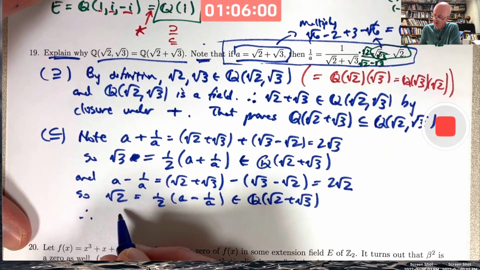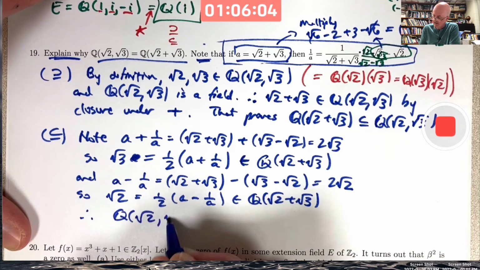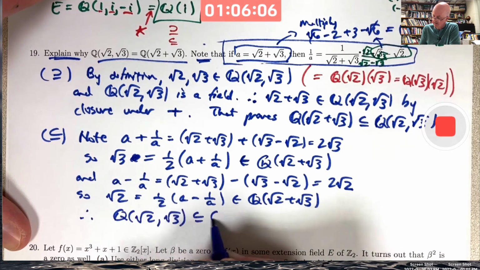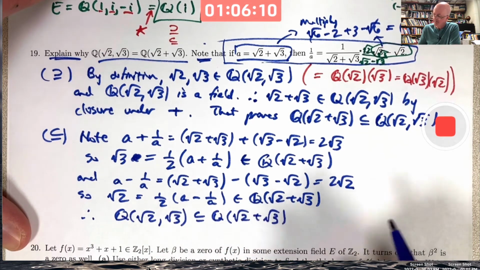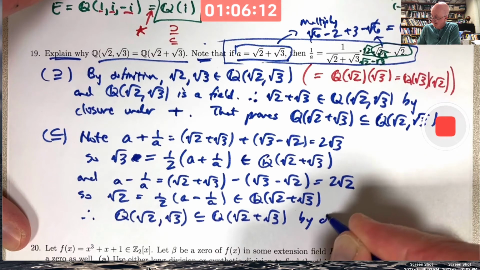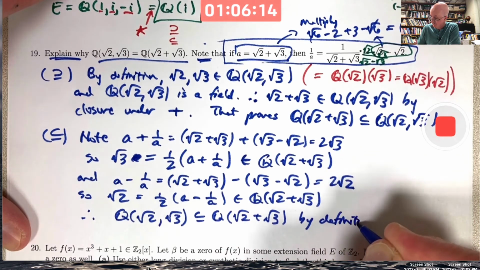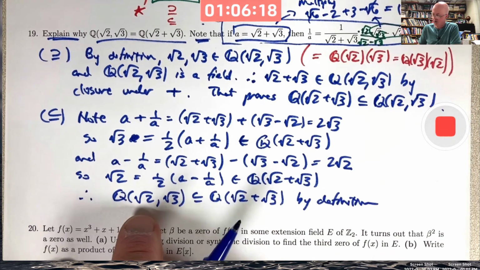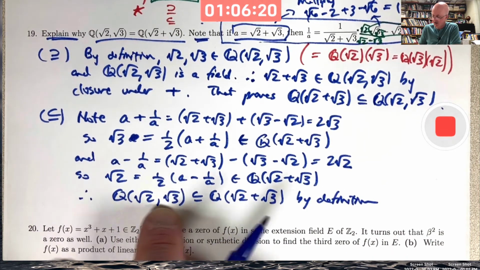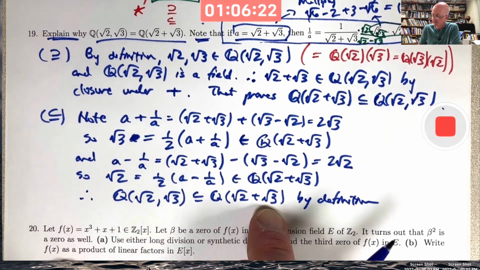Therefore, this proves this inclusion. Once again, the reason you could give, it's really by definition of these symbols. I just showed square root of 2 and square root of 3, which by definition are in here, are also in here.